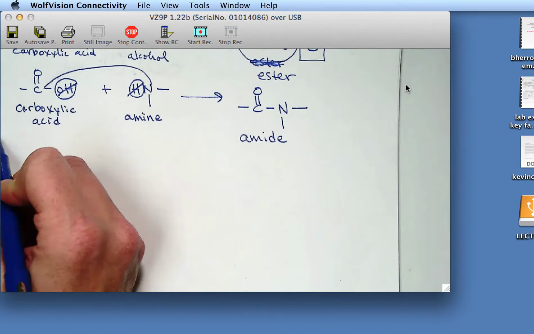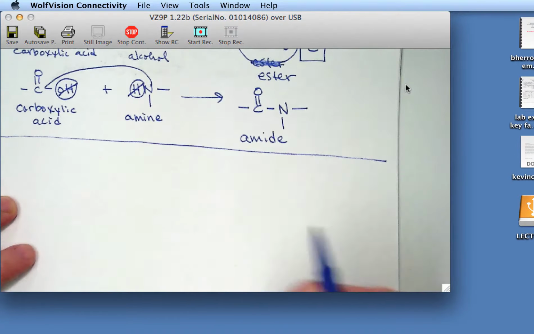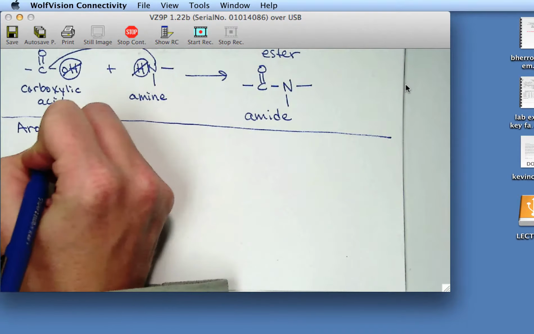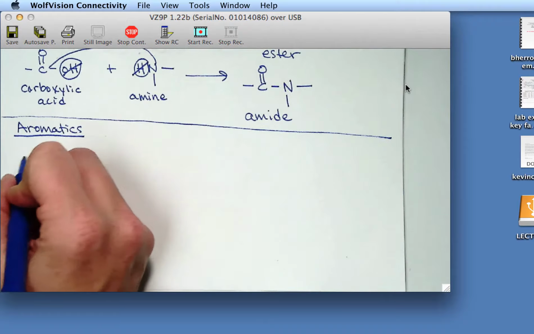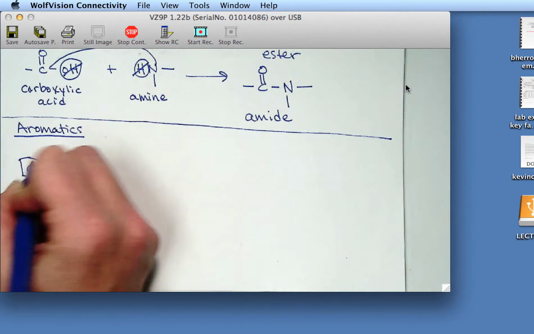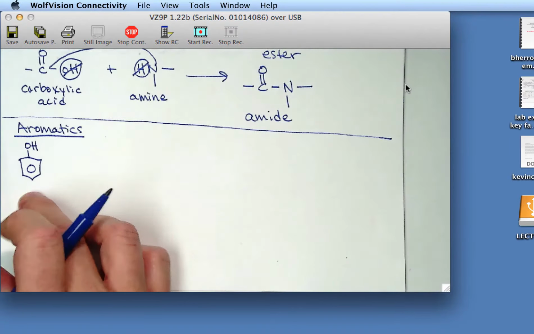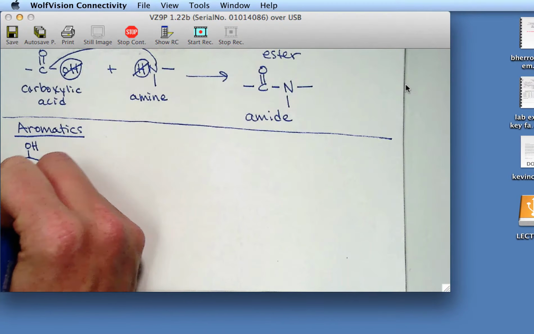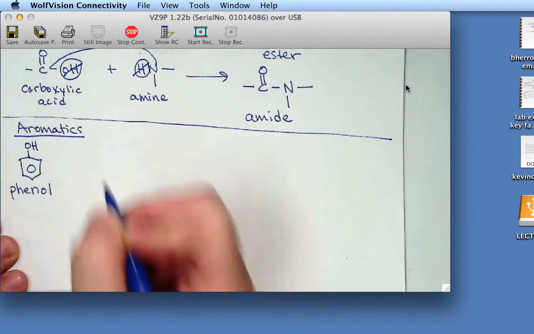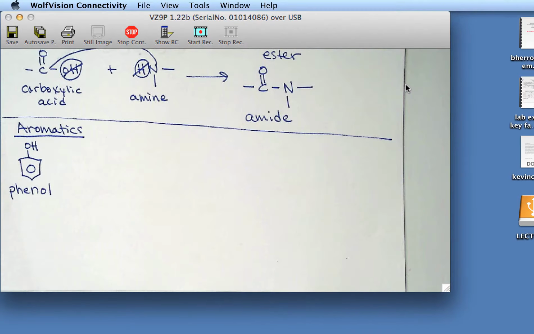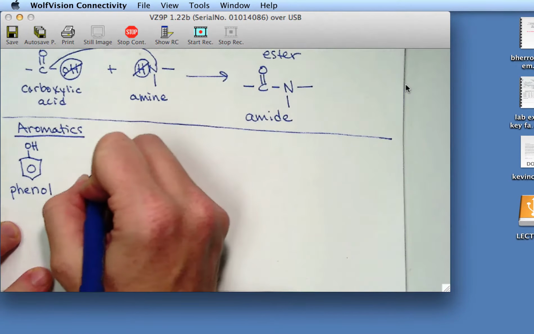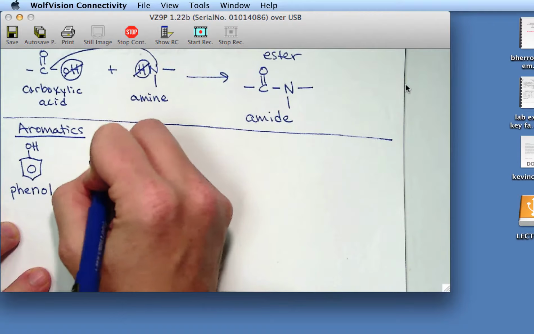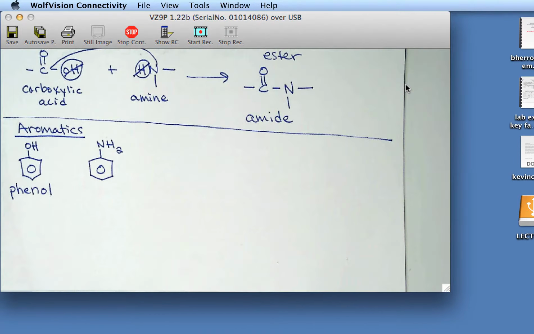So I wanted to go over, just as a review, aromatics. What's the name of that one? Phenol, yes, very good. It's phenol. Then aniline.